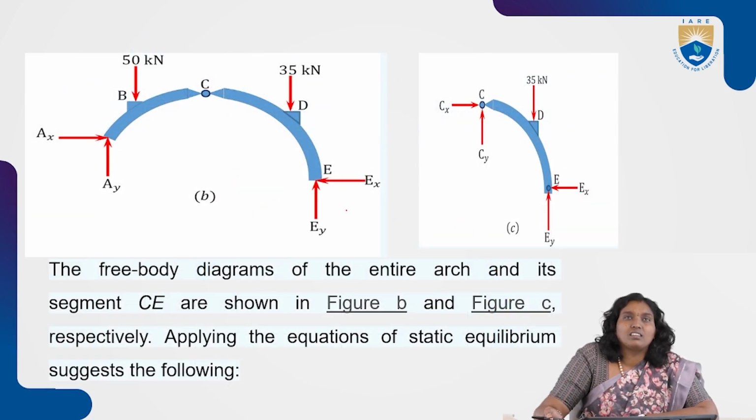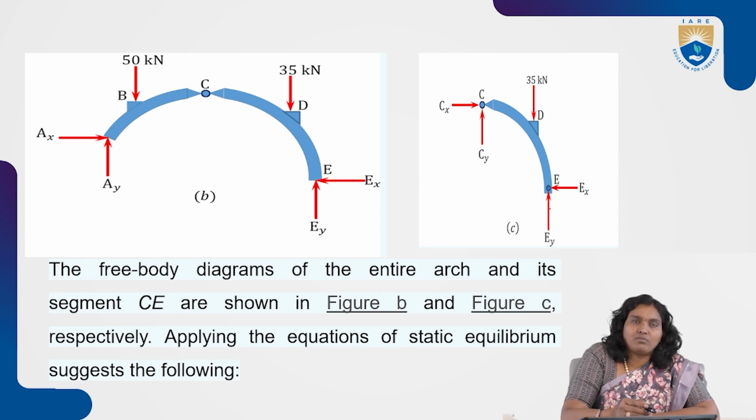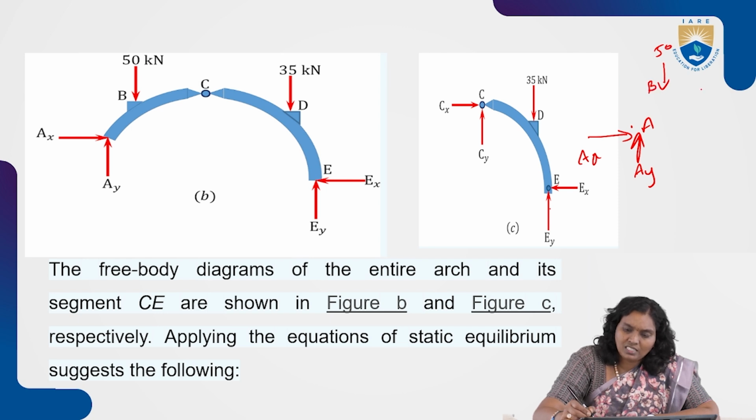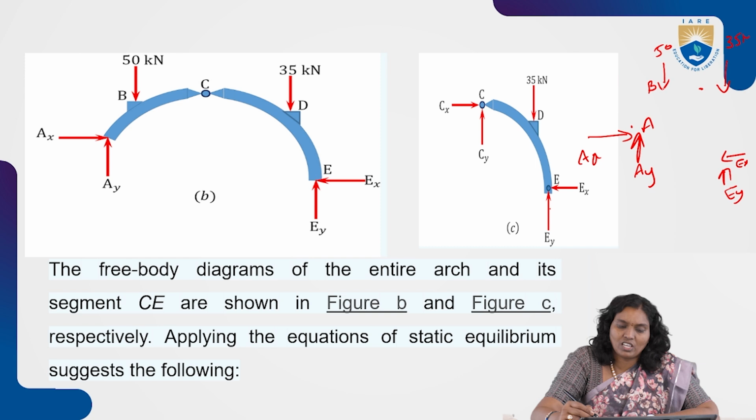So these are the free body diagrams of the entire arch and its segment CE as shown in the figure. Here, in the free body diagram which we are going to draw, the vertical force and also the horizontal force act at point A, and the 50 kilonewton load is acting at B, and at D a 35 kilonewton load is acting, and at E horizontal and vertical reactions are there. These are the equilibrium conditions which we are going to draw.